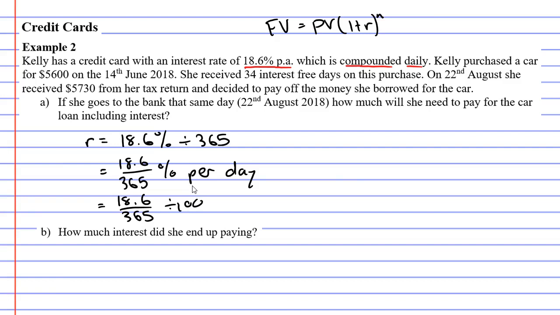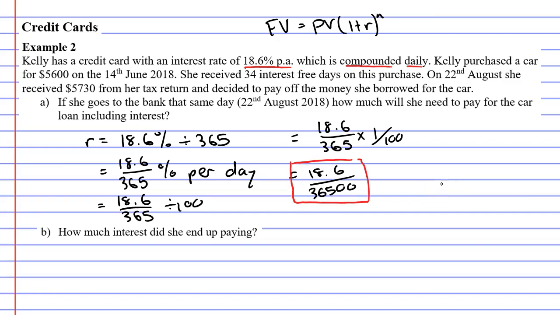That's the same as timesing by 1 over 100, which will actually give you 18.6 over 36,500. Now we'll put a red rectangle around this just to show you that that's what R is going to be when we plug it into our formula.